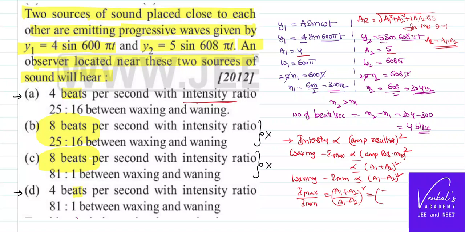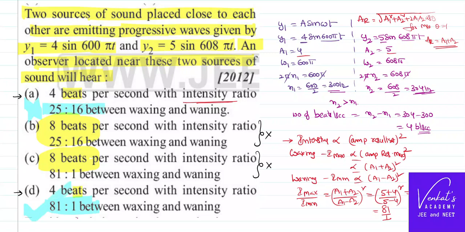So A1 plus A2 means 5 plus 4 by 5 minus 4 whole square. That is 9 by 1 whole square, which is equal to 81:1. So it shall have an intensity ratio of 81:1, not 25:16. So this is the right answer. The fourth option is the right answer.